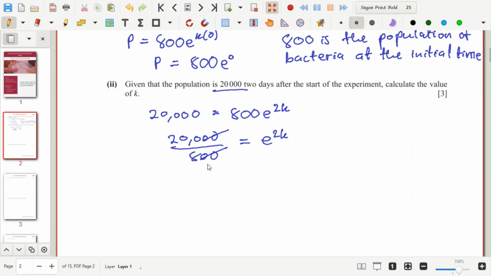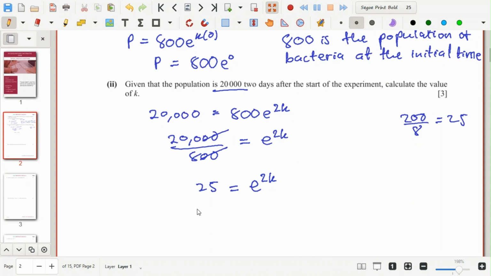So you have 200 over 8, which is the same as 25. So this 25 is equal to e to the power 2k. So what do you do at this stage?